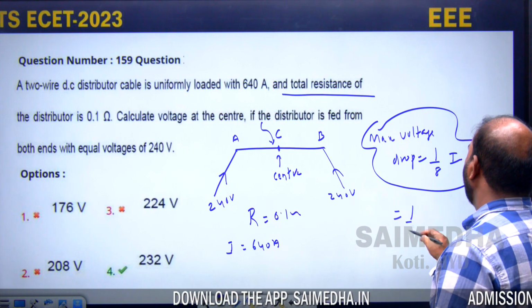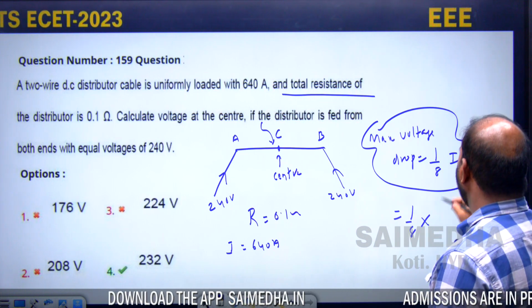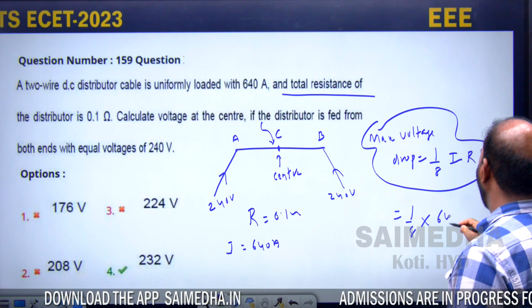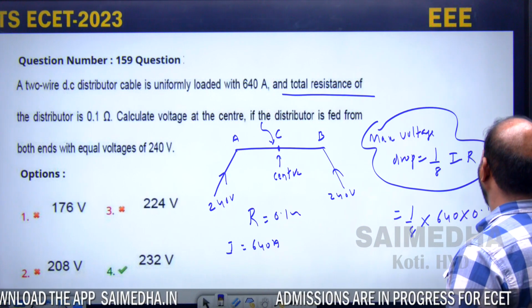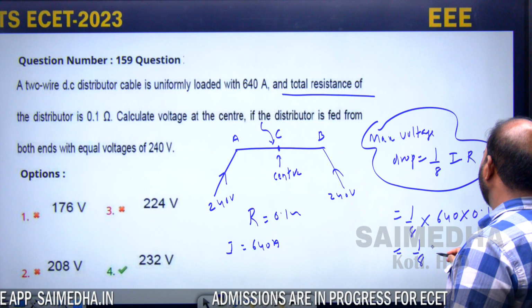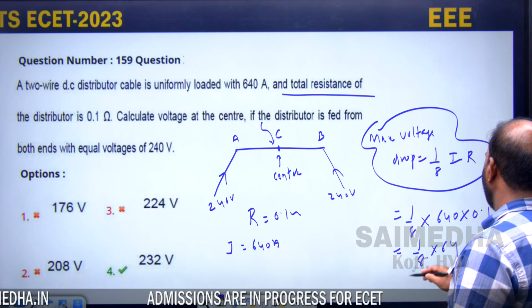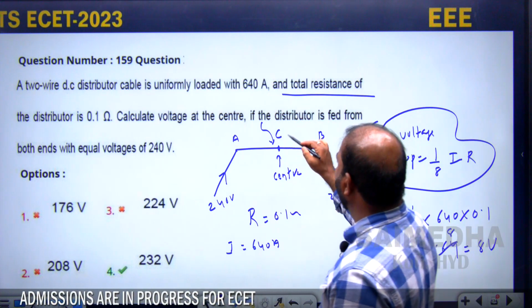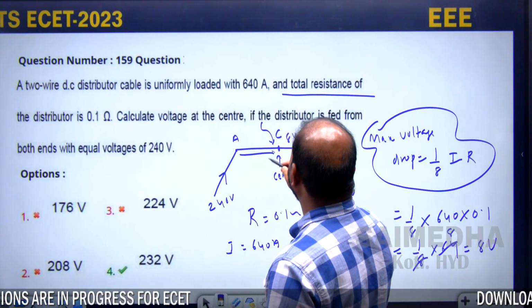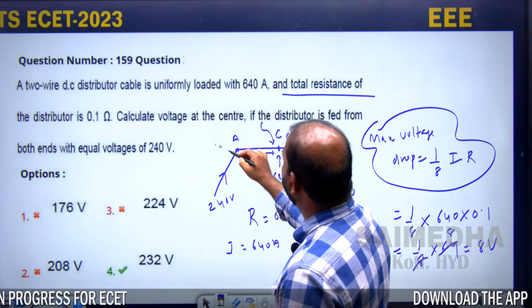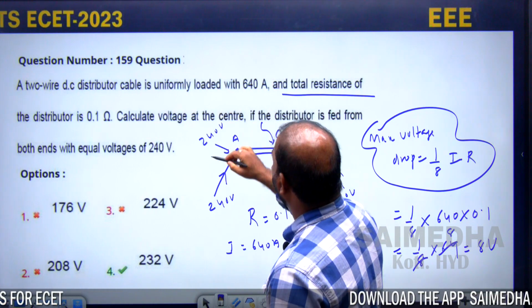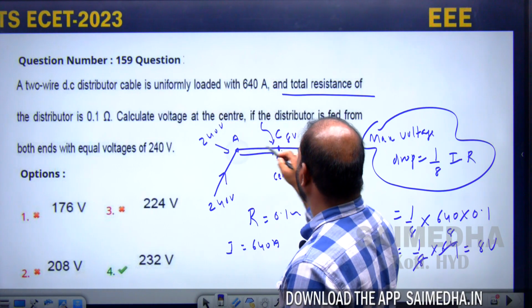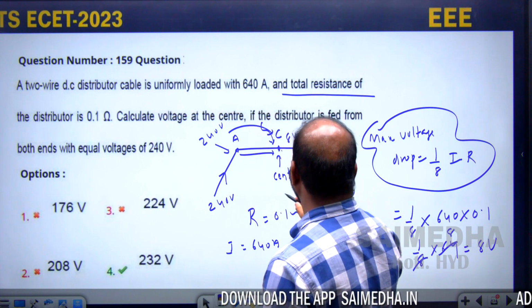So 1/8 into I, where the total current here is 640 amperes, into resistance 0.1. So 1/8 into 640 into 0.1 means 64 over 8, which is 8. So maximum voltage drop is 8 volts. Then what about the voltage at this point? Here the fed voltage is 240 volts. 240 minus 8 means 232 volts.